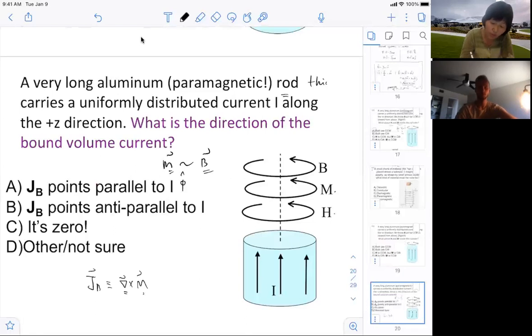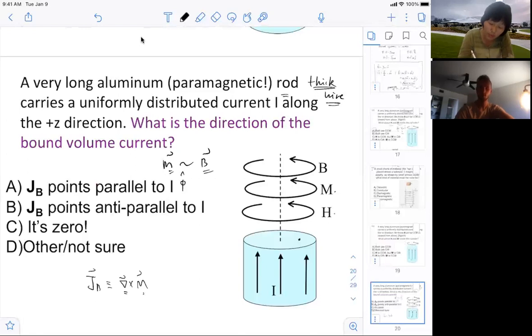We have derived the B field using Ampere's law for a thick wire. So can anybody refer the results for us? What is B for a long, thick wire with a current I going up? Now we're talking about the B inside, obviously, because we're looking at what is going on inside the material.